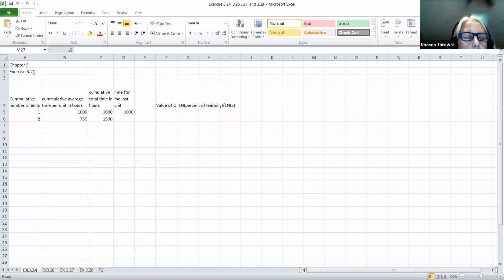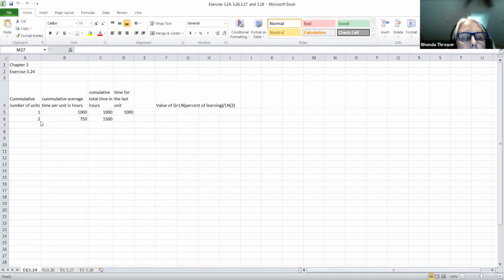So you should see in Excel now what I have written in the way that we started this before. Notice the cumulative number of units for 1 is still 1,000 hours. The cumulative average time in unit is 1,000 hours. The cumulative total time in hours is 1,000 hours. And the time for the last unit would be 1,000 hours.